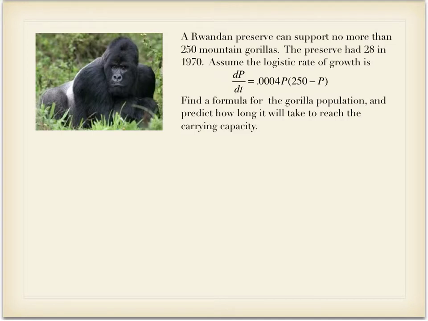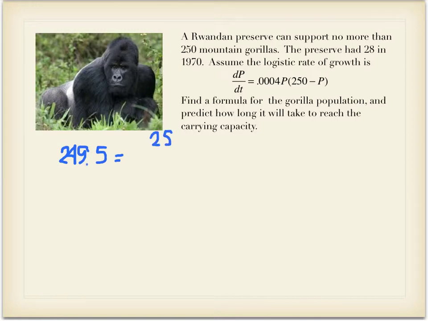Next, I would like to see if I can figure out how long it's going to take for that gorilla population in 1970 to actually reach that carrying capacity. So I'm going to set up my same equation that I had before. Now, I'm going to put in not the carrying capacity, but just a little bit less than that, because if I did put in the exact number, some stuff would go haywire in my equation.